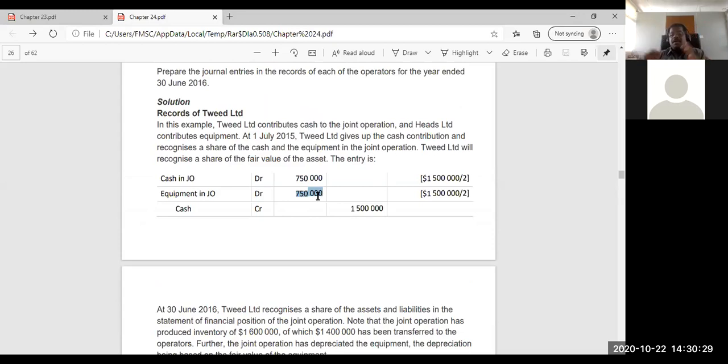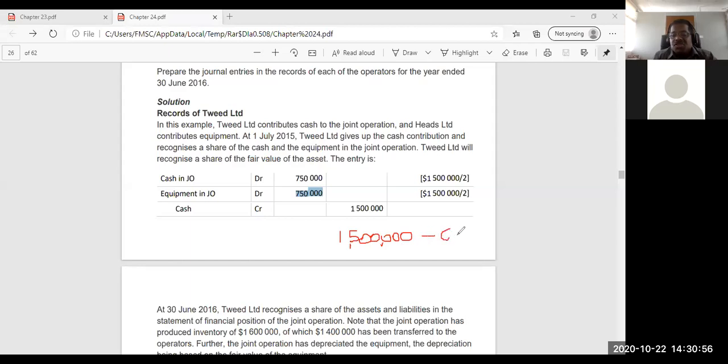You have to remember here, in this case it is a little different from the previous case. What I am telling you is that they put 1,500, in rupees, 1.5 million.